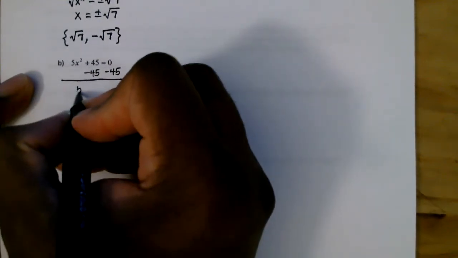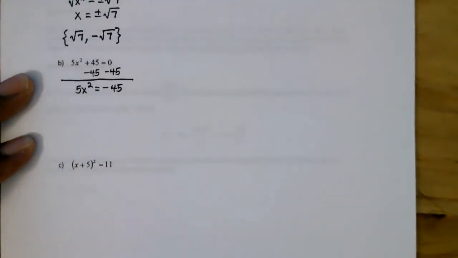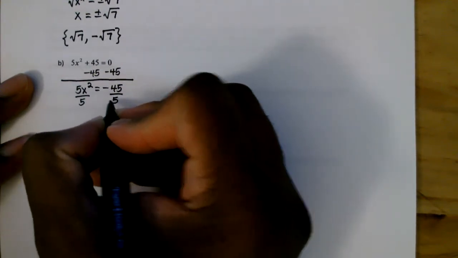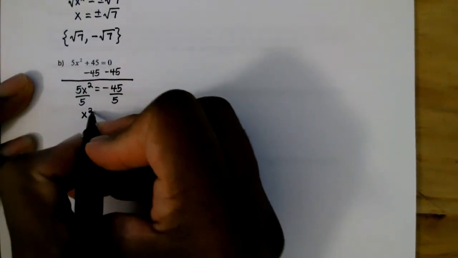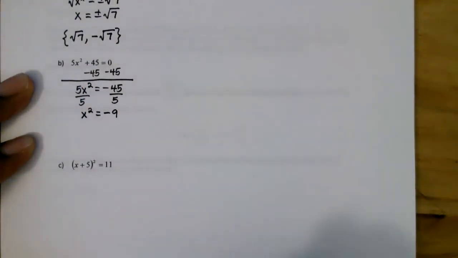So here, we get 5x squared is equal to negative 45. And then to get the x squared by itself, since we're multiplying it by 5, we need to divide by 5. So here we get x squared is equal to negative 9.